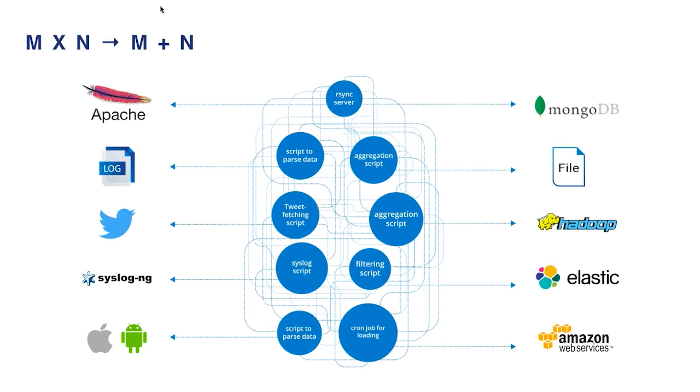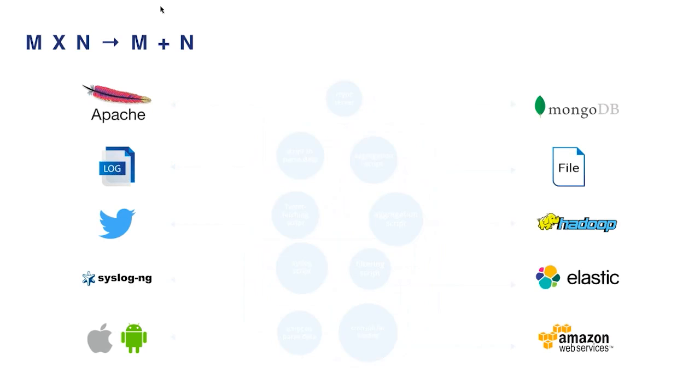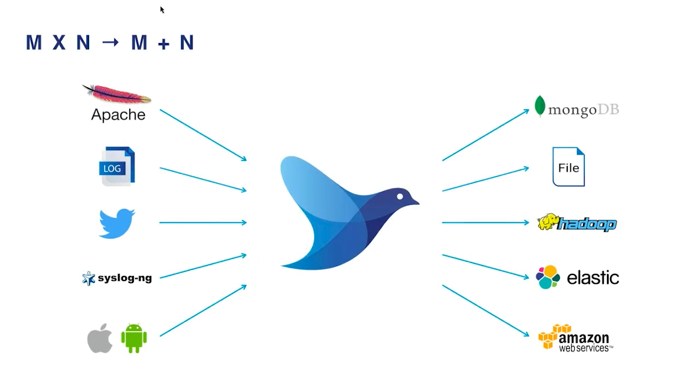Well, goodbye complexity, hello simplicity and flexibility. Fluentd works by way of an old software development pattern, or by refactoring a software development anti-pattern, depending on how you look at it. In essence, it goes from integrating point to point, where our level of complexity is m times n, to integrating around a common interface, where our level of complexity is reduced to m plus n, and what we now have is everything integrating around a common interface.